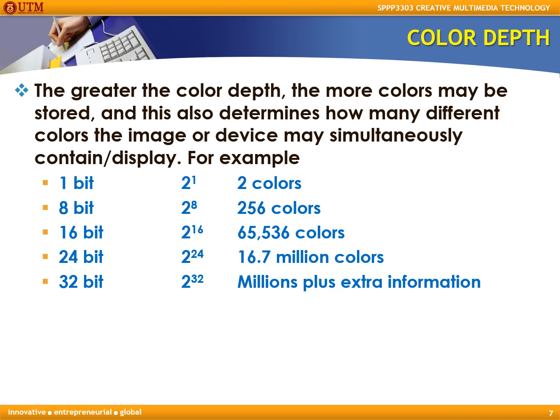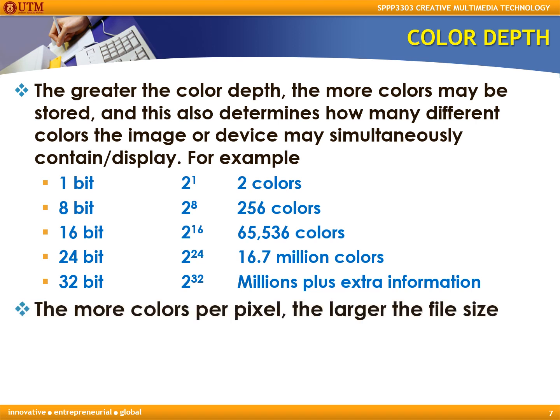So in 1 bit, always remember, only 2 colors, so the quality is not going to be high. 8 bits, 256 colors. 16-bit, 65,000, etc. And 32 bits has millions of colors plus extra information, which means the image quality is going to be very high, and the size as well is going to be high.